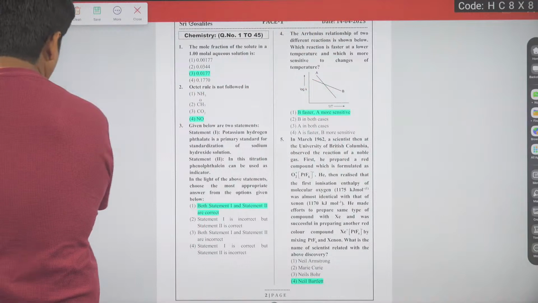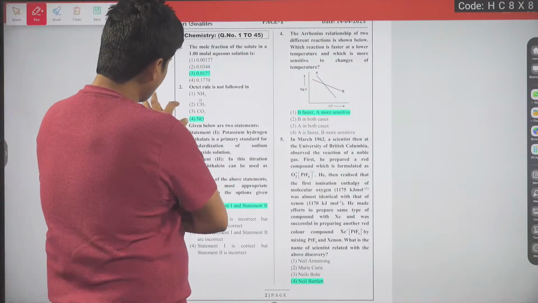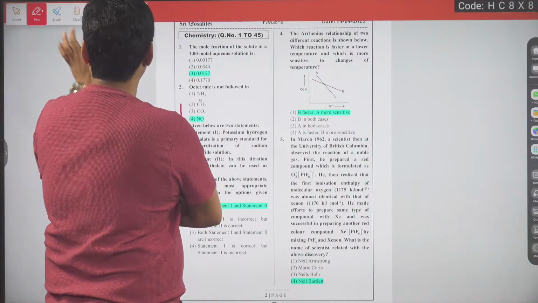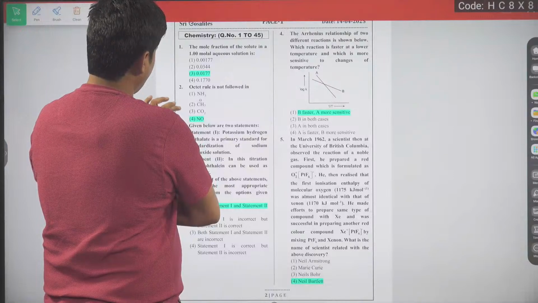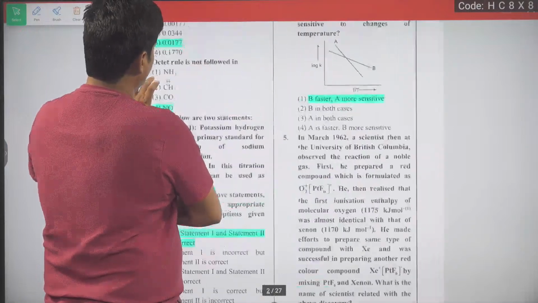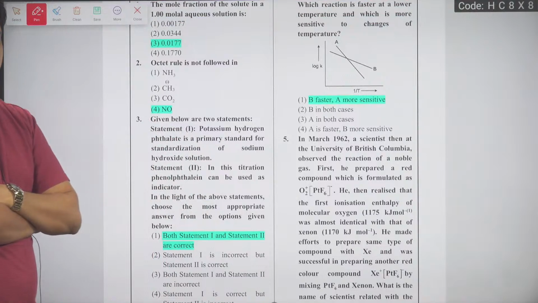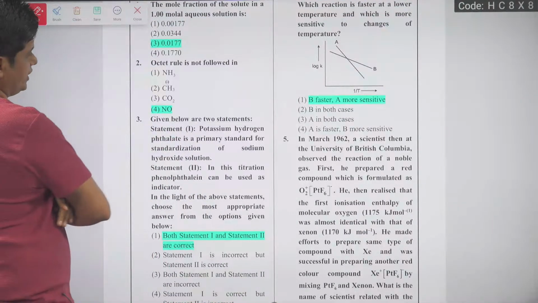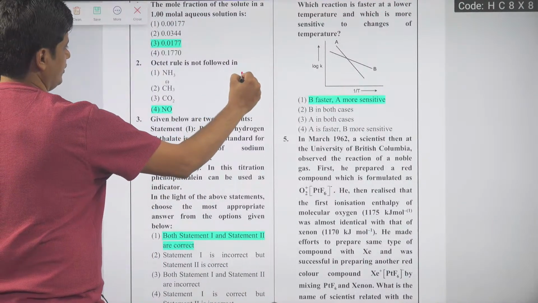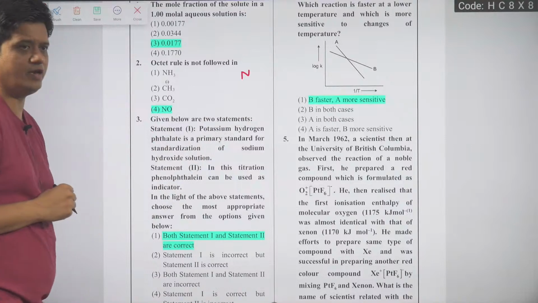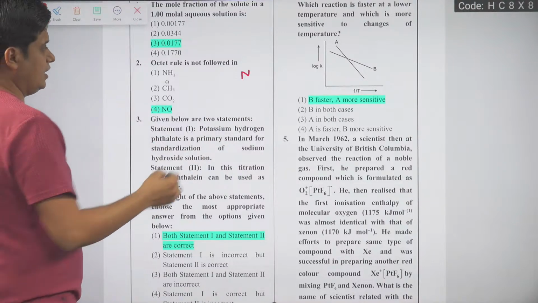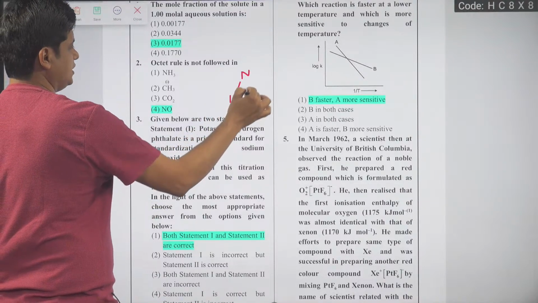Okay, so we'll discuss questions here. Question number 2. Octet rule is not followed in. So in case of ammonia, nitrogen, you're knowing nitrogen atom is having 5 electrons in the valence shell, and hydrogen is going to form single bond.